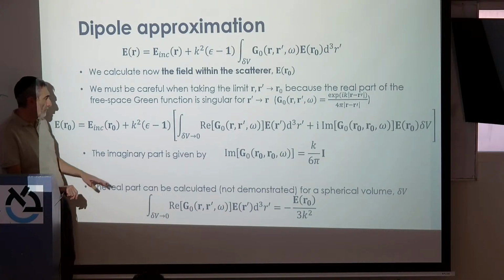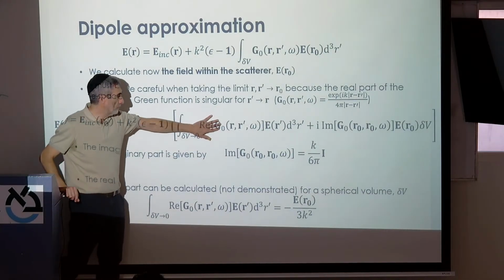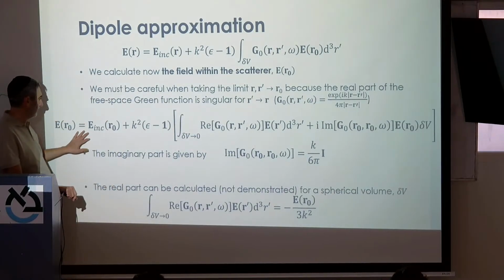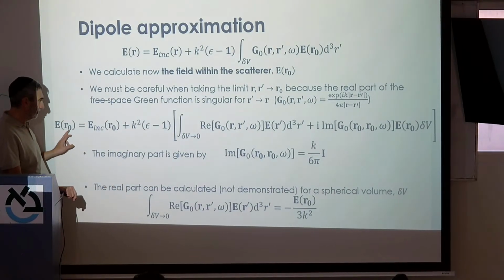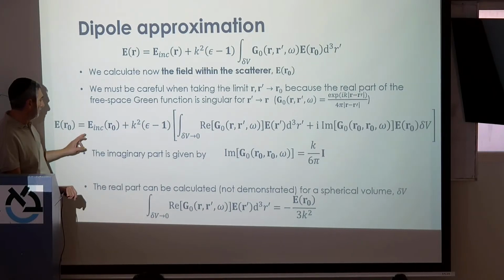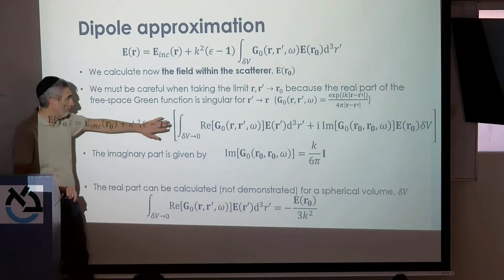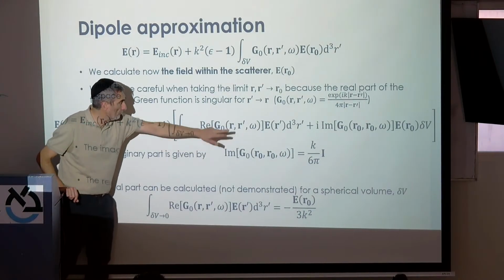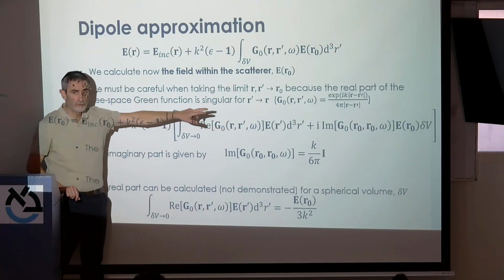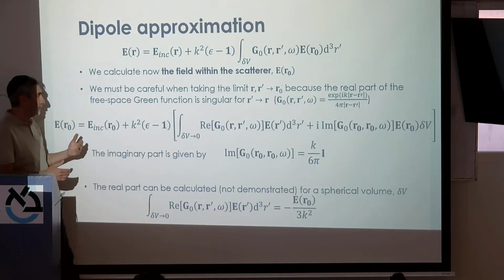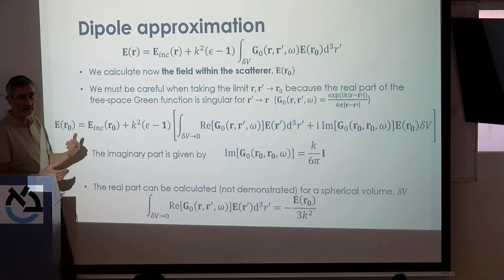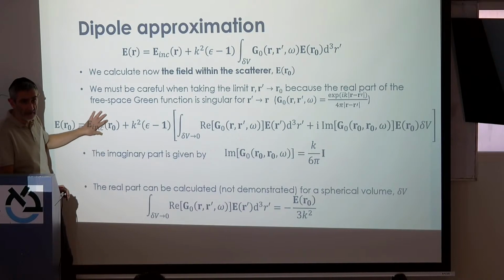So if you take this, you replace this in that equation here, so you have E of R0 on this side, the incident field on this side, and you have here E of R0 also, and the last term also is E of R0, so you can group and you can express E at position R0 as a function of the incident field.